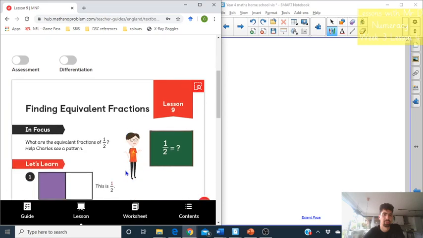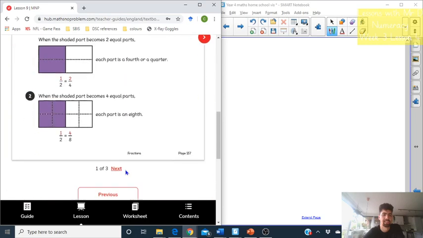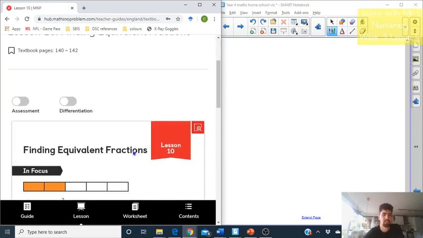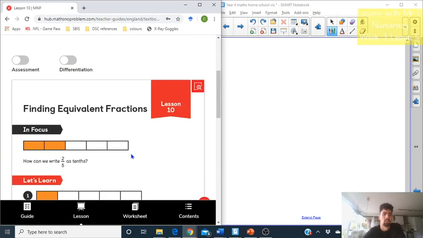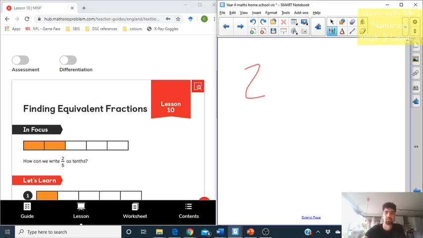Right, so let's start with the in focus as always. How else can we write 2/5 as tenths? So all that question is saying is, can I write 2/5?